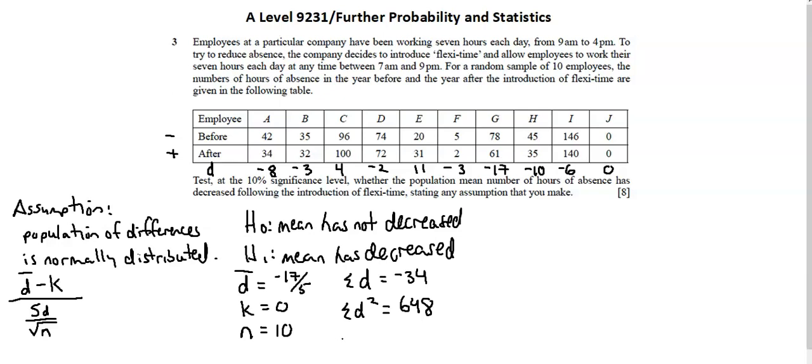As a preliminary calculation, I'll find the standard deviation of the differences, and that is the square root of 1 over n minus 1.